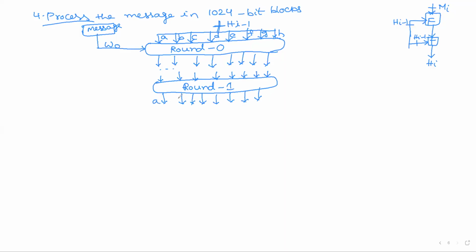Here we will have A, B, C, D, E, F, G, H to store the intermediate results. So we are having 8 buffers.